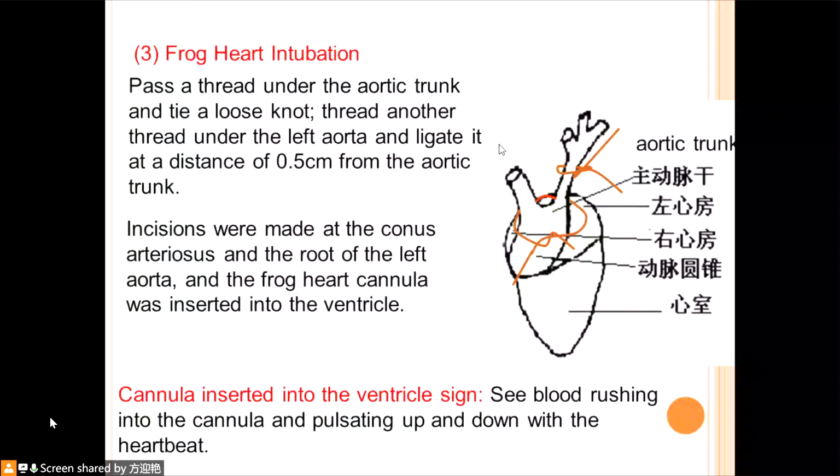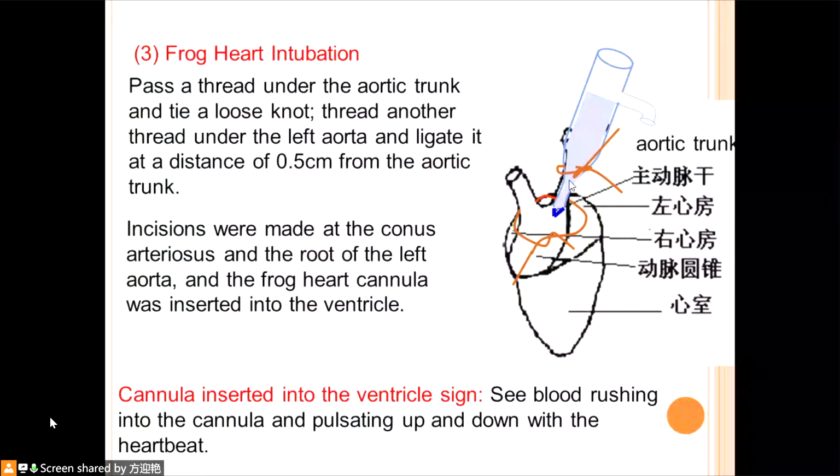We should cut this branch of the aortic trunk, and then we will insert the cannula into the vessels, into the aortic trunk, and then into the ventricle.